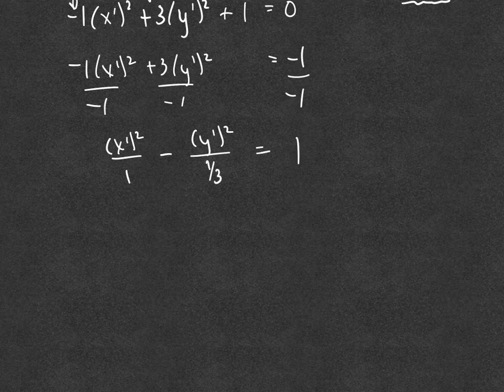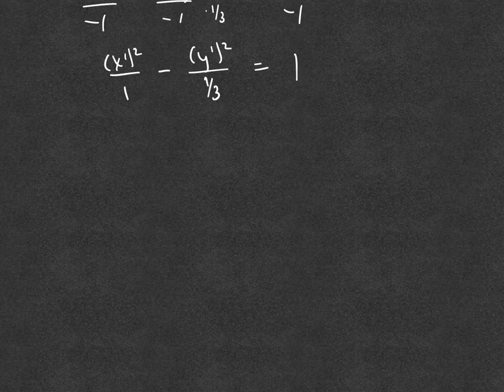And then negative 1 divided by negative 1 on the right-hand side is 1. And if you don't like the reciprocal of 3, the way I did it, remember you can always multiply the top and bottom of a fraction by the same thing. So if I multiply the top and bottom by 1/3, we accomplish the same thing. Okay, so now we have a standard form of a hyperbola, and now we can draw the picture.